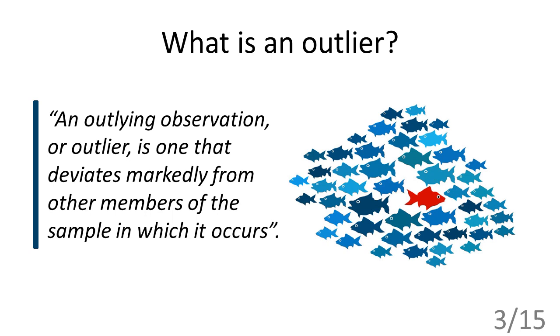Before we start solving the main task, we need to define what an outlier itself is. However, there is no definition which can satisfy any case. One of the most common definitions is presented on the slide. An outlying observation or outlier is one that deviates markedly from the other members in the sample in which it occurs.